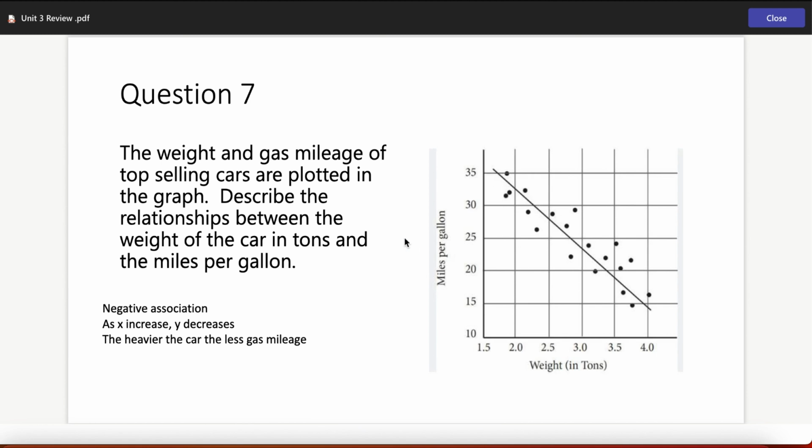It's going in a negative direction, and this is a line of best fit. As x increases, y decreases, and the heavier the car, the less gas mileage. You can really tell from there that the heavier the car, the less gas mileage.